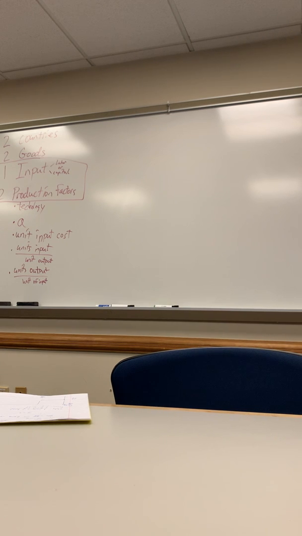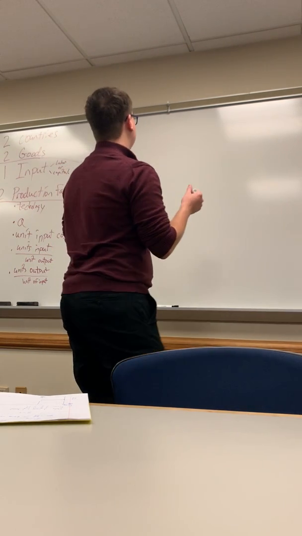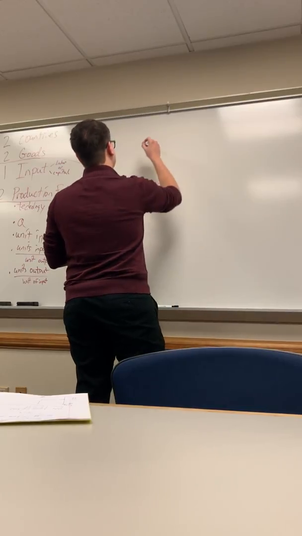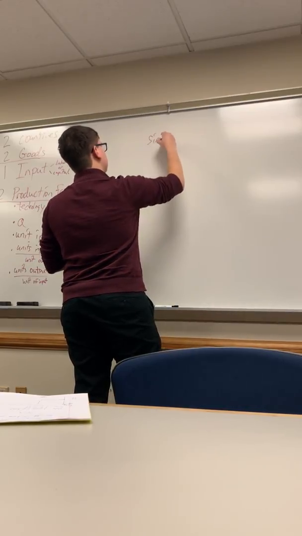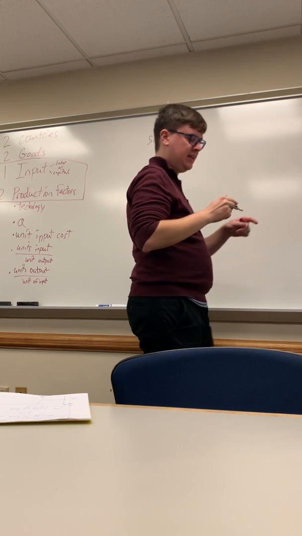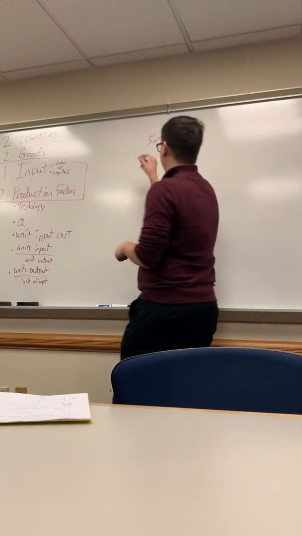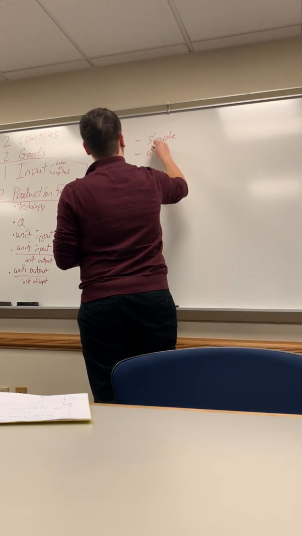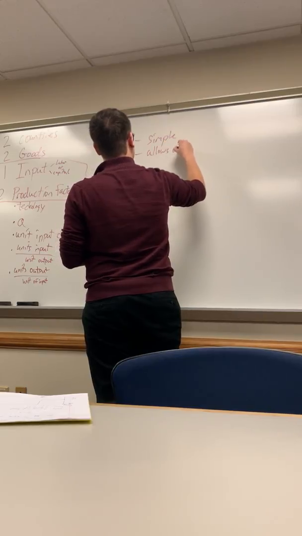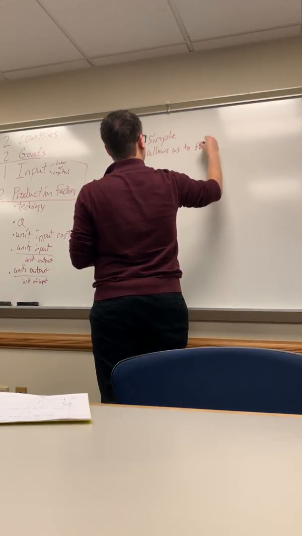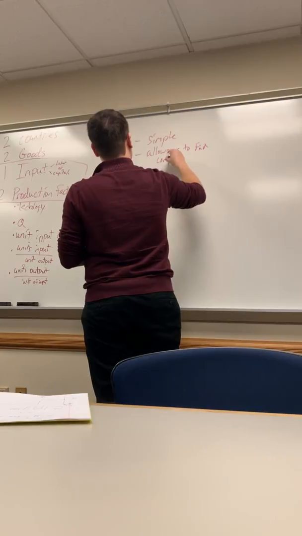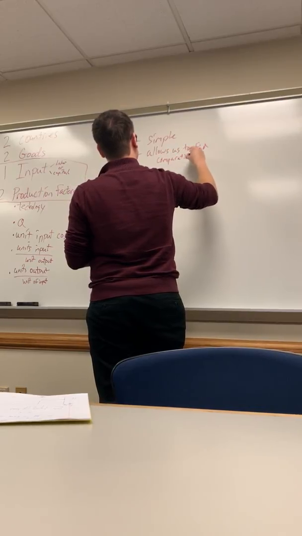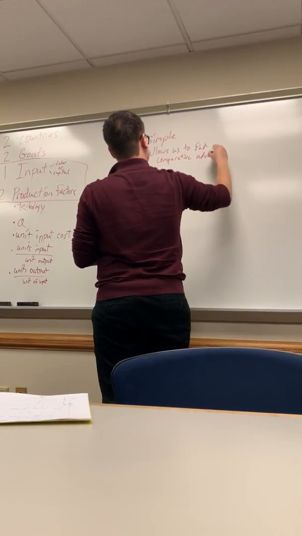It simplifies the system, so we can see comparative advantage. Yeah, that's exactly right. So the most important part is that it's simple. It's an easy conceptual framework and allows us to find comparative advantage.